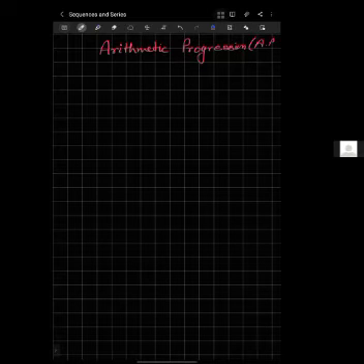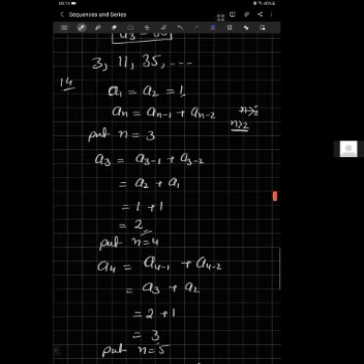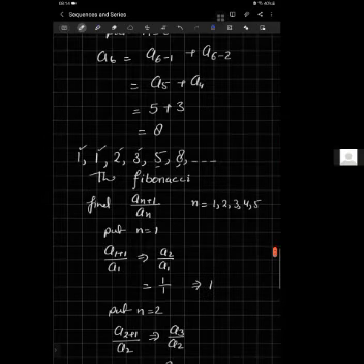So arithmetic progression, first of all, the definition. Arithmetic progression is a list of numbers in which each successor term is obtained by adding a constant term to the preceding term.